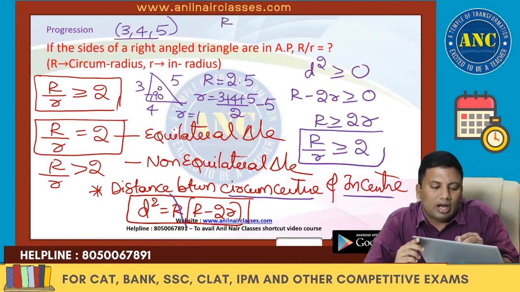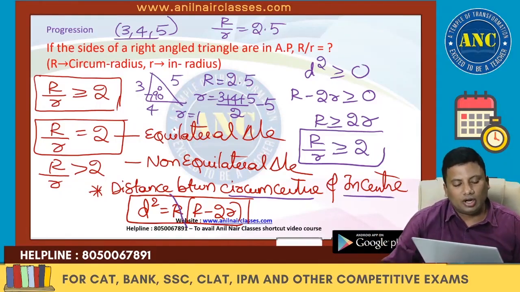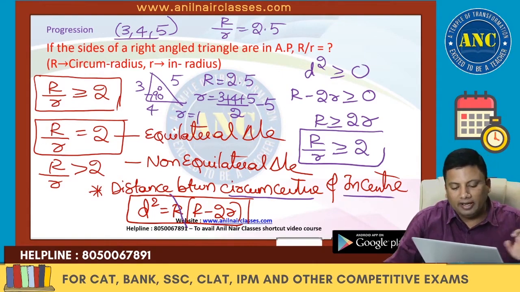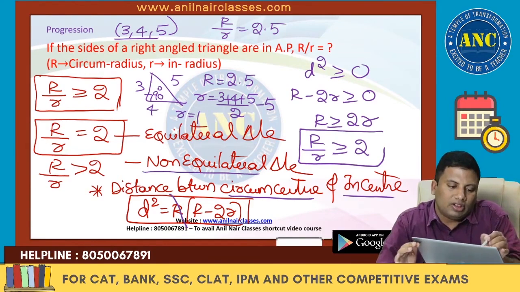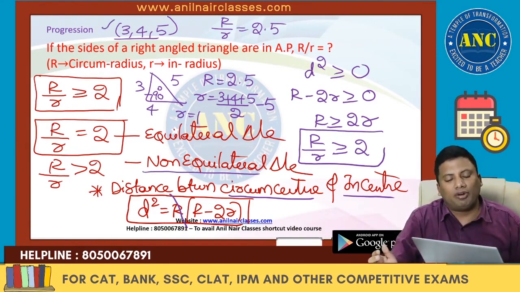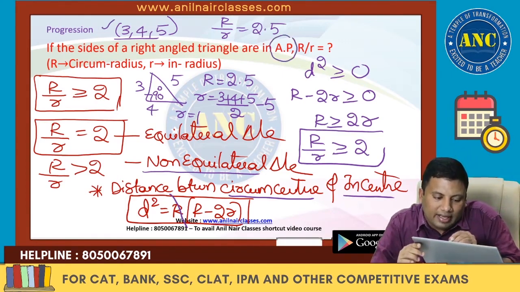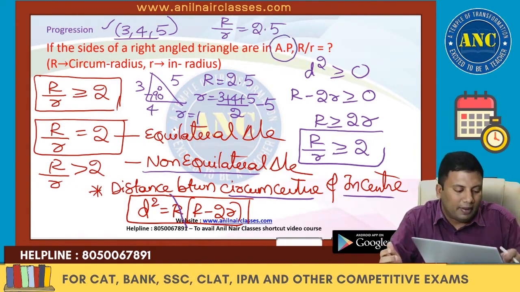So R by r value is 2.5. In a non-equilateral triangle, the ratio of circumradius to inradius will always be greater than 2. I hope it is clear. The only thing here is that 3, 4, 5 needs to be substituted, because you can take the sides of any right angle triangle which is in AP.